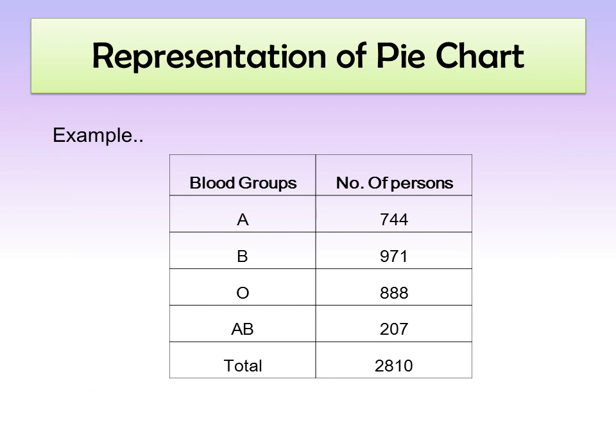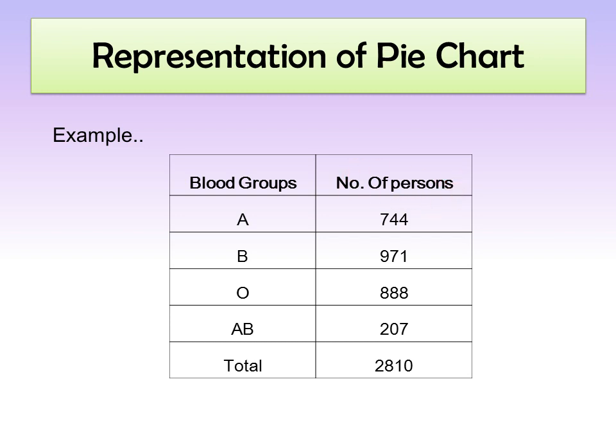Now we'll represent a pie chart by taking an example of blood groups. Here we take four types of blood groups: A group, B group, O group, and AB group. In the second column we have the number of persons.